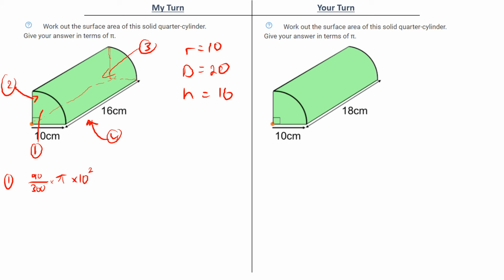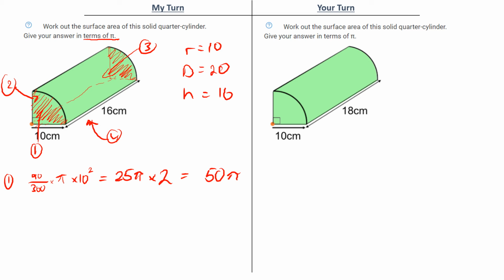Again, we're asked to give this in terms of pi. That's 100, and a quarter of 100 is going to give me 25 pi. That's one of those. We've got 2 of them, so we're going to double it. So we've got 50 pi.